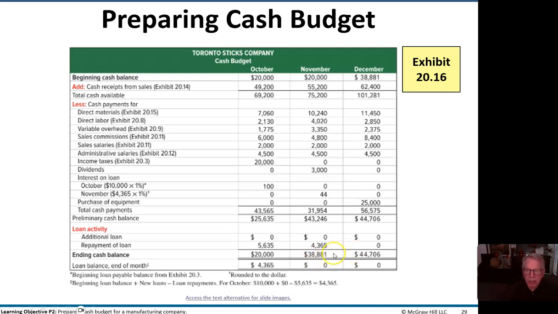Now we take that $38,000 ending cash balance and bring it up to December, and we work through the same process, and we've paid off our loan. We have no interest expense, but we do purchase a piece of equipment for $25,000. That still puts us in a good cash position, and away we go. So you can see that preparing the cash budget can be quite complex as we go through these various cash payments and cash receipts.